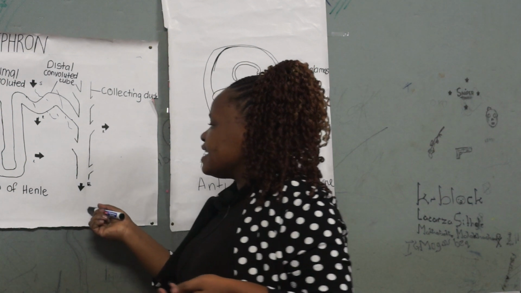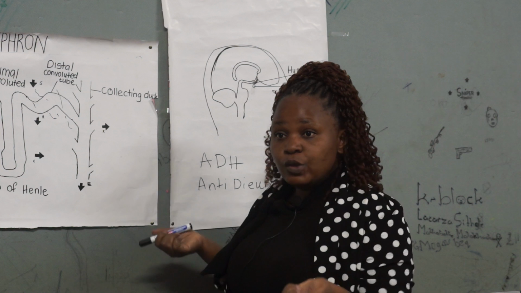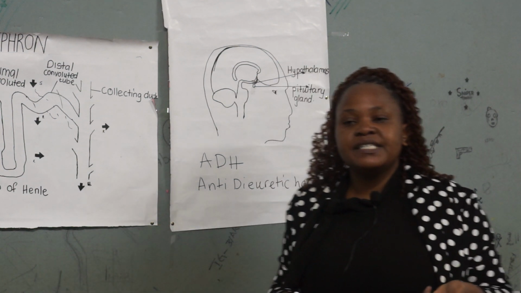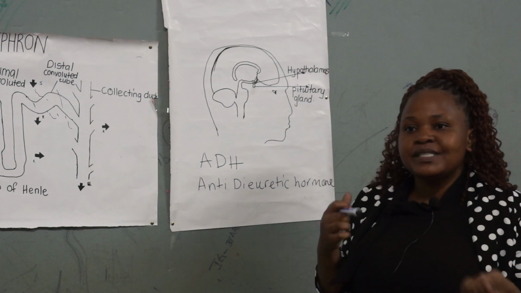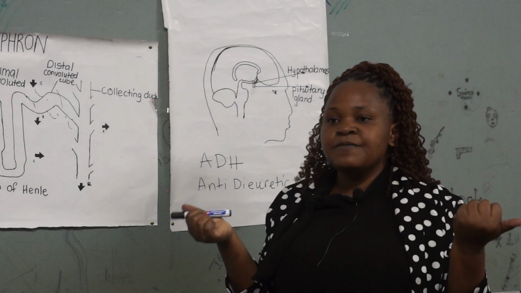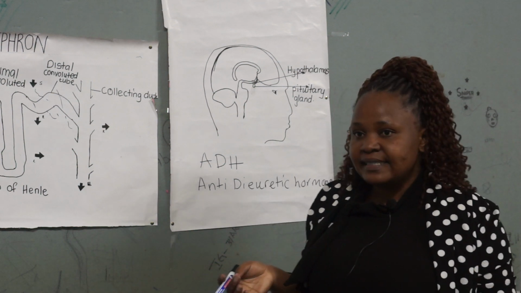So eventually one is going to pass urine which is more dilute. At the end of the day, the excess water levels are going to stabilize, so that an individual ends up having normal water levels in the blood, right?